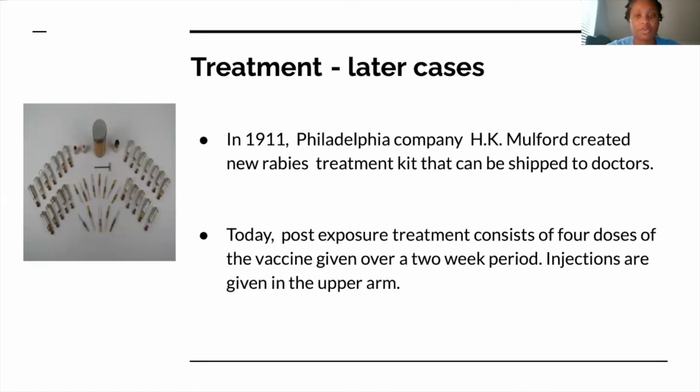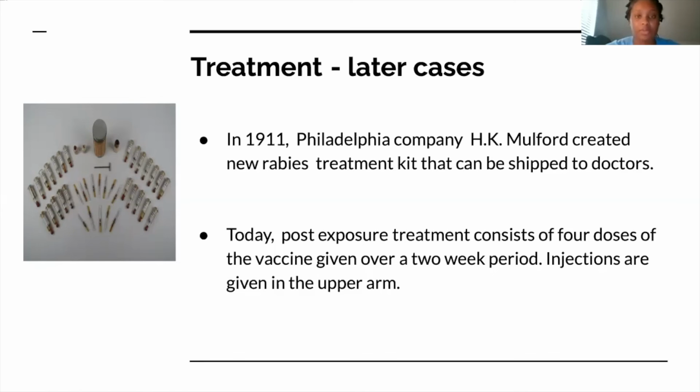Each dose was more virulent than the last so that the body could build up immunity. Because the vaccine had to be fresh to be effective, it could not be stocked by pharmacists; it wouldn't be on the shelves, it would have to be used right at that moment. The whole purpose behind the kit being shipped to different doctors was to prove that the best medicine is of no consequence and useless if it's not available and affordable.